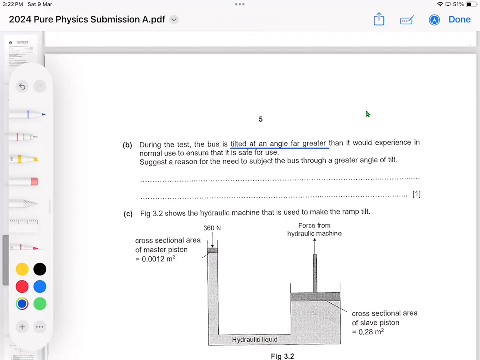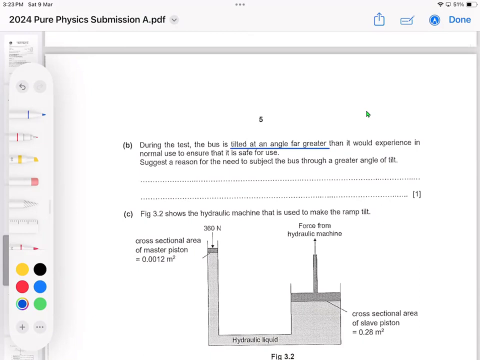We want to understand that the CG is actually at the middle, but due to, let's say, passenger sitting behavior, the CG is not at the center, then this test will have to be more rigorous by raising the angle to test the stability.